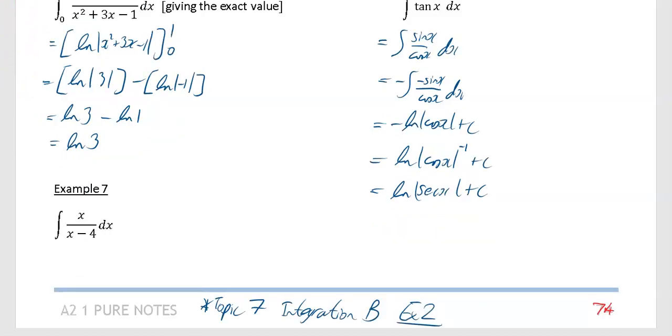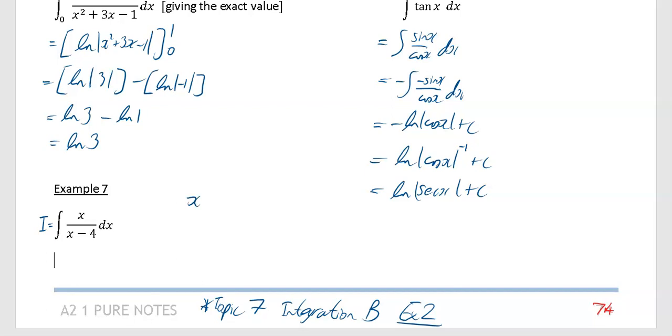Okay, last example. Before we do anything else, I'm just going to show you a nice way of doing these questions quite often. Just say I is equal to your integral. You'll see in this question it makes it easier for us to refer to it later on. What we've got to do first of all here is divide, because the order of the top line is greater than or equal to the order of the bottom line.